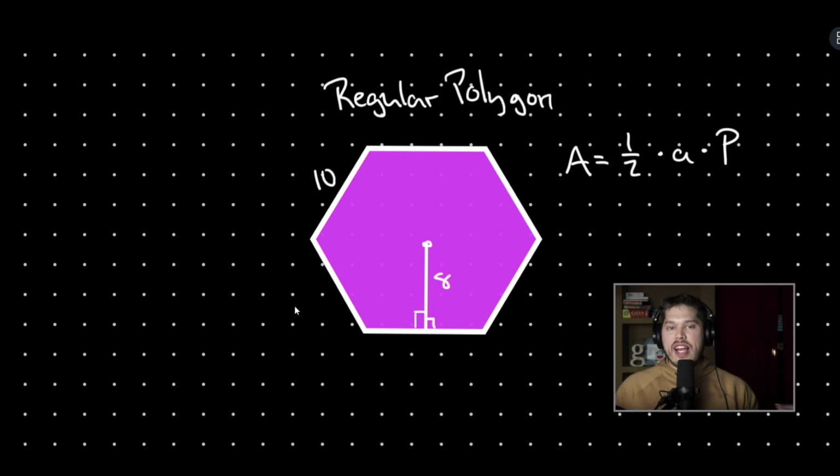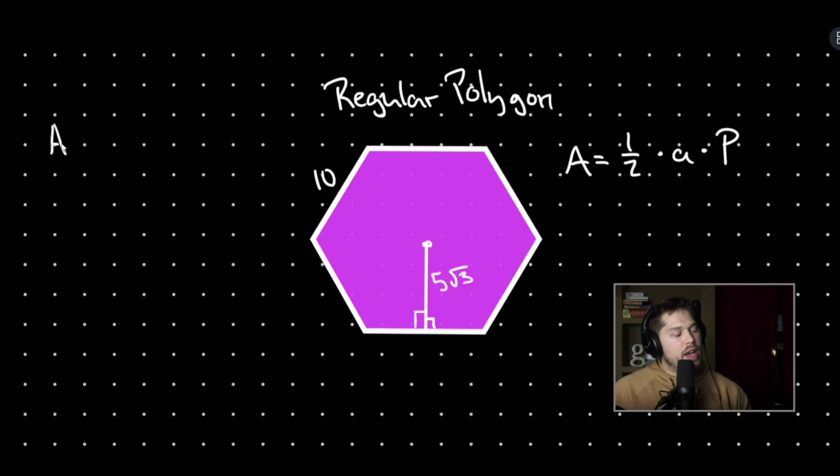What would be the area of this shape? And actually, here, let's not use 8. Let's use 5 square root 3. This is just more accurate.